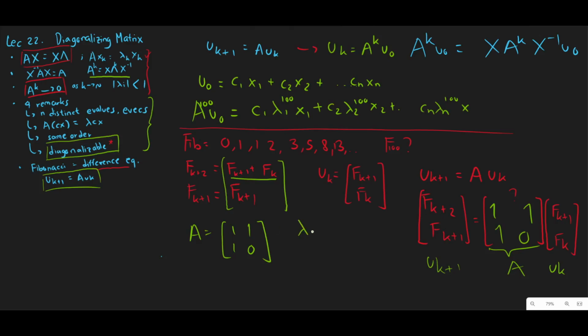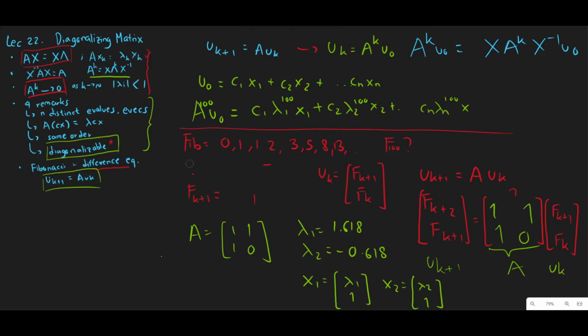So I'll just say right away that the first lambda is 1.618 and the second lambda is minus 0.618, and then the first eigenvector is (lambda 1, 1), and the second is (lambda 2, 1). Okay, now let me delete this one first because we don't need this anymore.